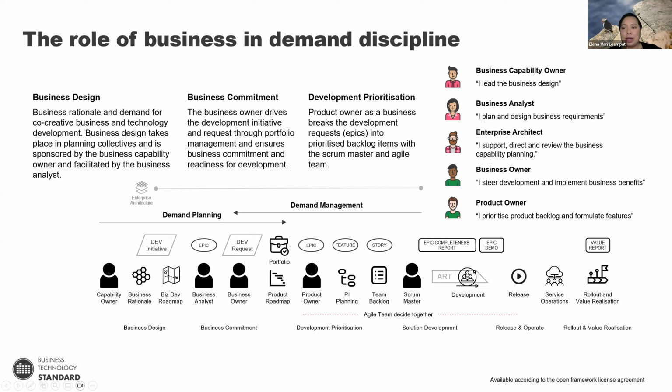So BTS essentially defines the business analyst as a more senior role. So the seniority here is most organizations might find it an issue if they have business analyst as a more junior role. However, here we define it as quite a central key role for essentially tackling the plan and the design and the business requirements.